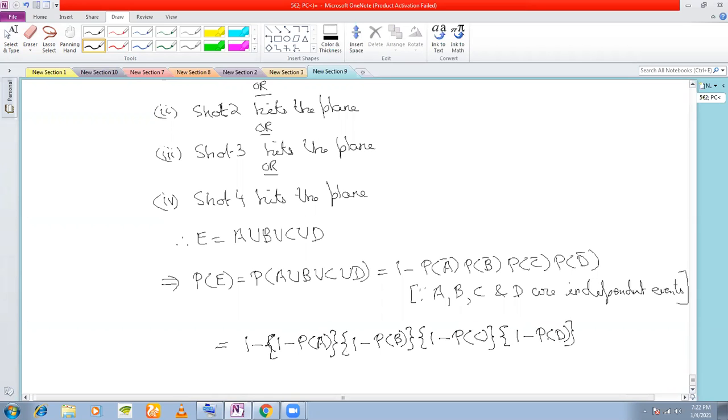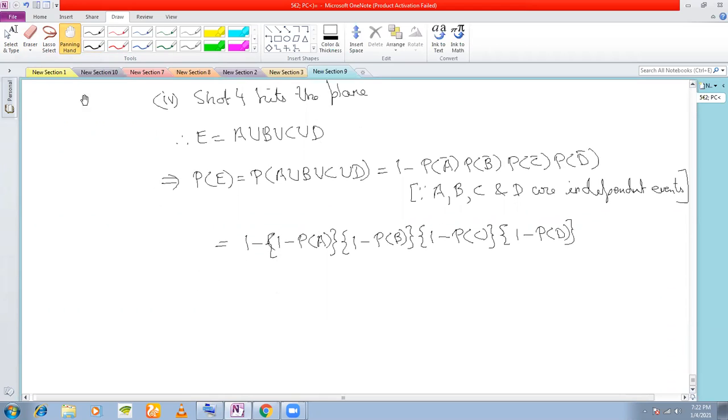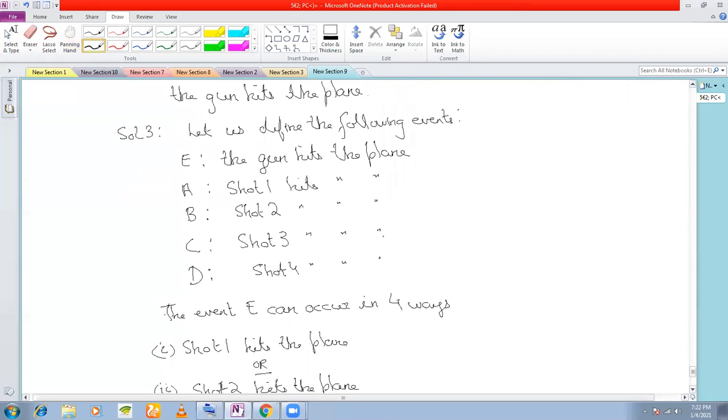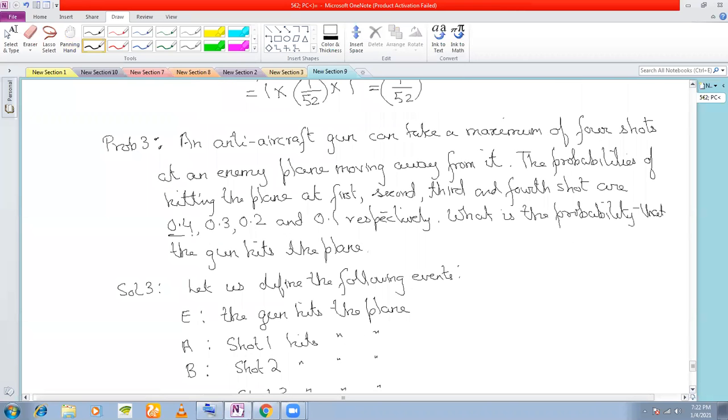And what are the probabilities of hitting? Just right here. Therefore, when I've defined the event, PA must be equal to how much? Look at the question. What are the probabilities of hitting? PA is 0.4.